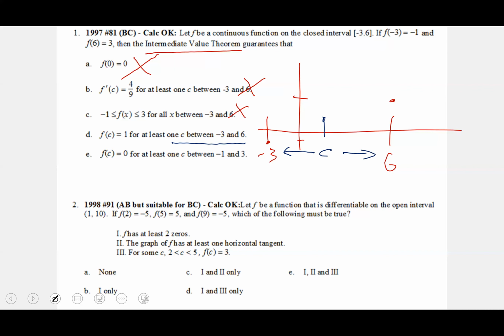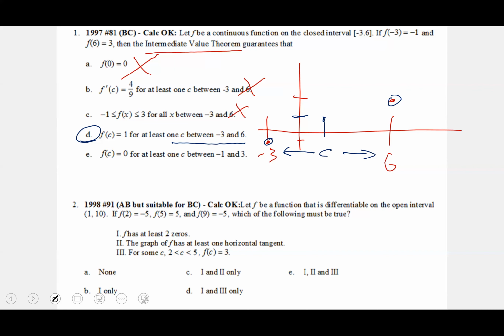This one is true. The intermediate value theorem says we have to pass through every y value between our y value at the first point and our y value at the second point at least once. So there will be at least one c between -3 and 6 where we hit y equals 1.